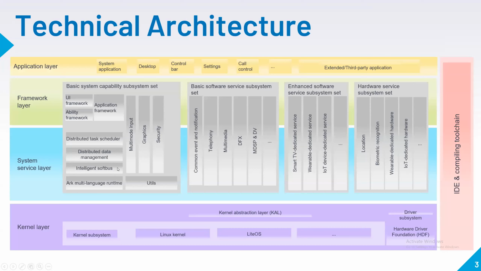So we are saying there are a number of devices, right? Where will that layer go? Intelligent soft bus is something separate. The intelligent soft bus stack is majorly used for communication between two hardware entities, and it can be any two entities.